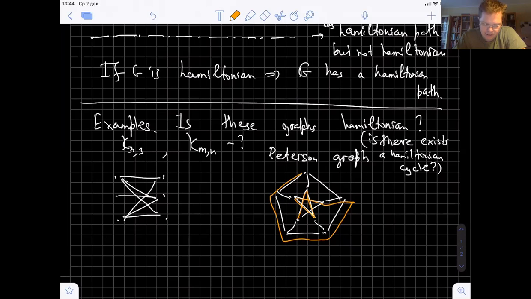So we cannot just go through the circle and then move here. We can try to build this thing, but we will not obtain the cycle.